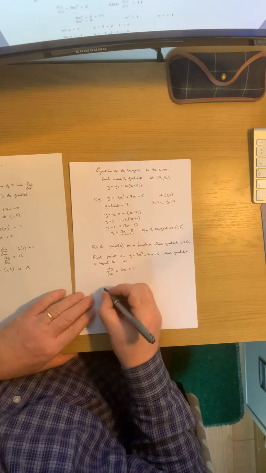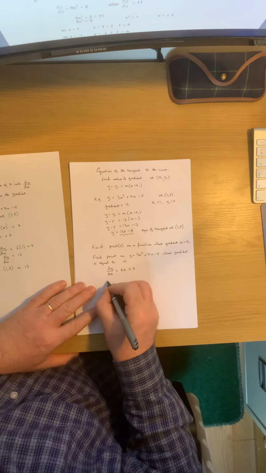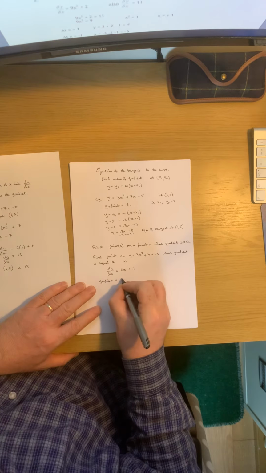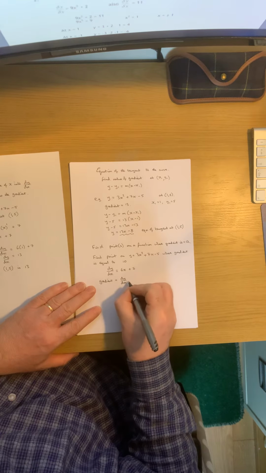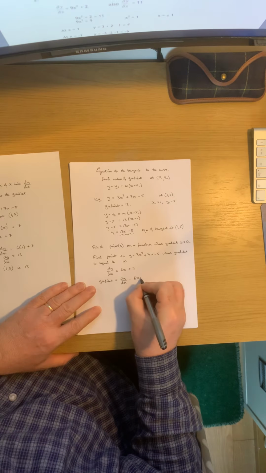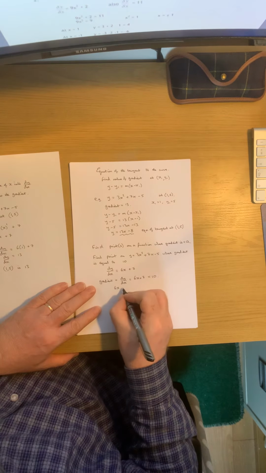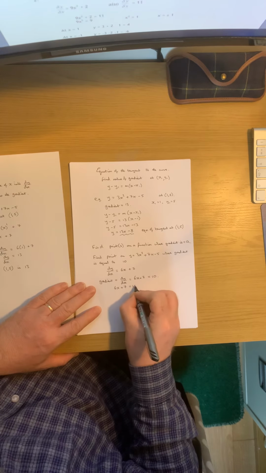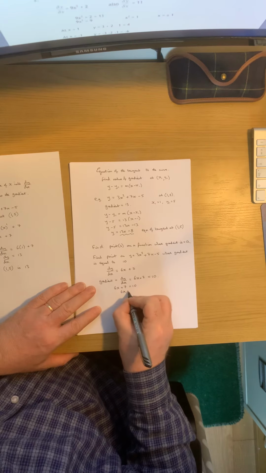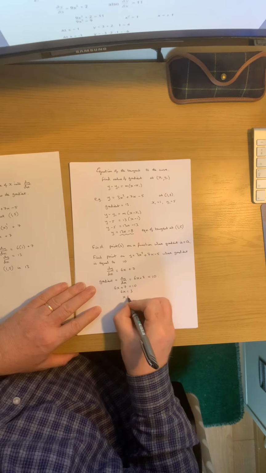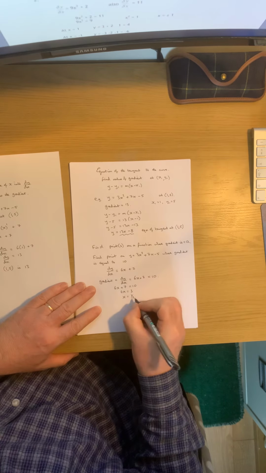And so what we now do is we say that the gradient is equal to dy by dx. So that's your 6x plus 7, and that's equal to 10. So 6x plus 7 equals 10. 6x equals, carry the 7 across, 3. So x equals 3 over 6, or a half.